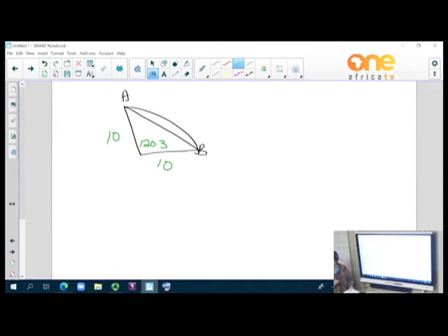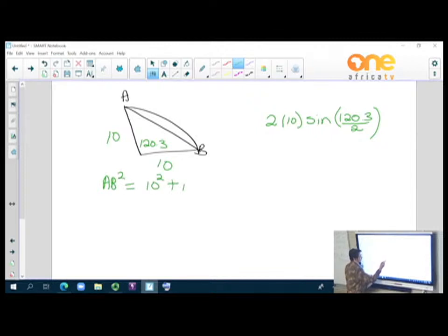So what did you use to get that straight line, the third side? You have to use the cosine rule. Okay, so I use the cosine rule here. So I said AB squared, and people, this is what it is: trigonometry and geometry are often mixed.